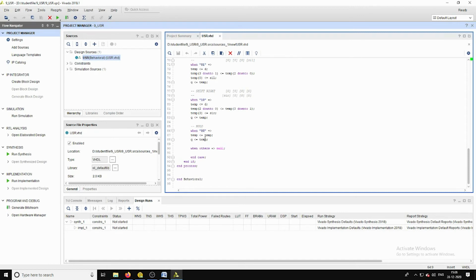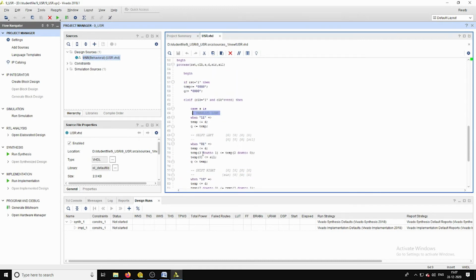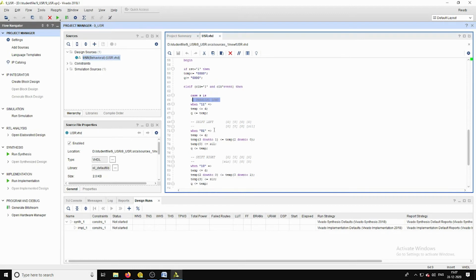At that particular moment we are not storing any serial input of the right shift or left shift, as well as the parallel loading operation, and in the rest of the case it is null. This is about the primary logic of universal shift register.